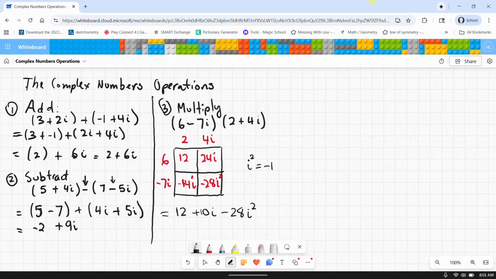So we cannot leave the answer as negative 28i squared. We have to replace the i squared with a negative 1. Now negative 28 times negative 1 turns into a positive 28. I'm going to combine it with the 12, and I will get 40 plus 10i.